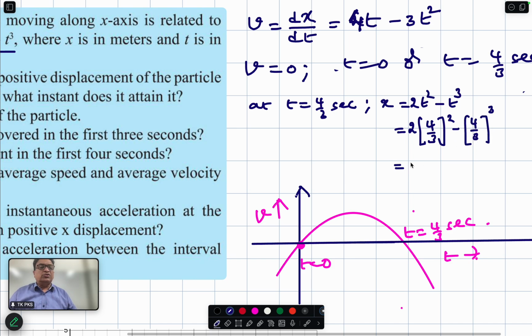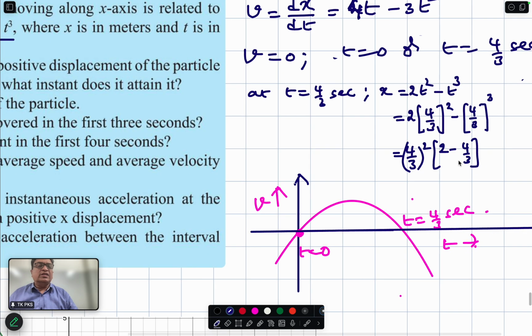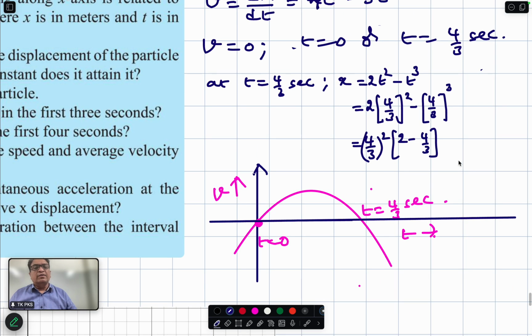Okay, what is this? You take (4/3) square as common. You will get 2 minus 4/3, which is 2/3. So the numerator is 32, the denominator is 9 times 3, which is 27. 32/27 meter is the maximum displacement point.